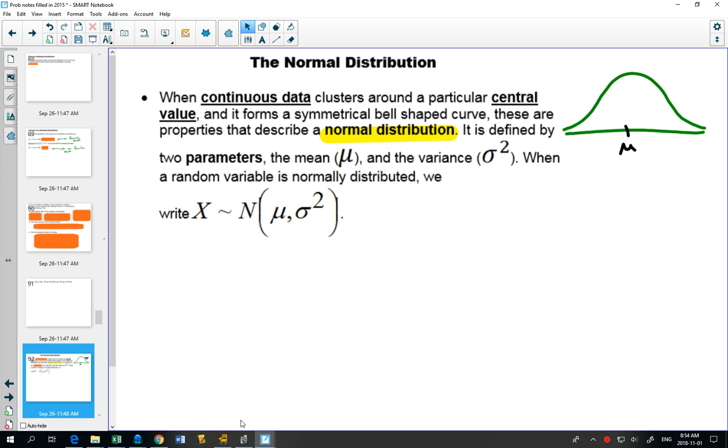How your variance shows up is that almost all the data is 3 standard deviations above or below the mean.